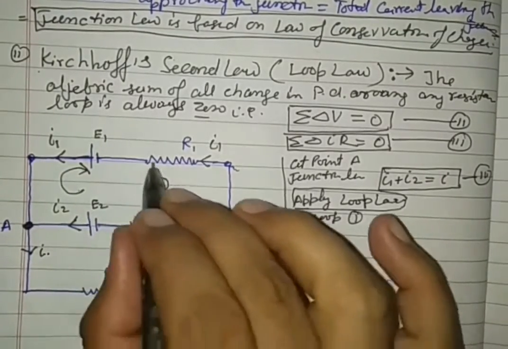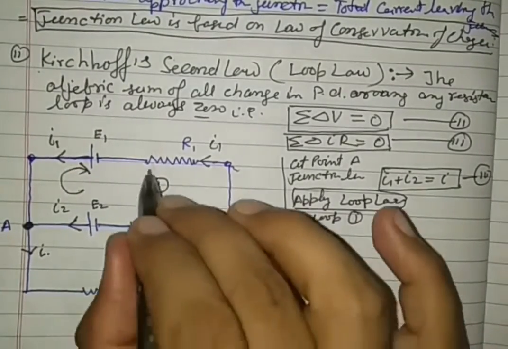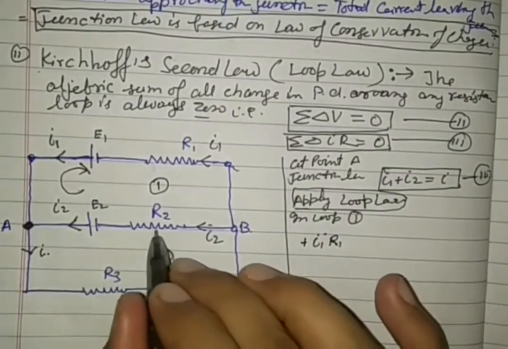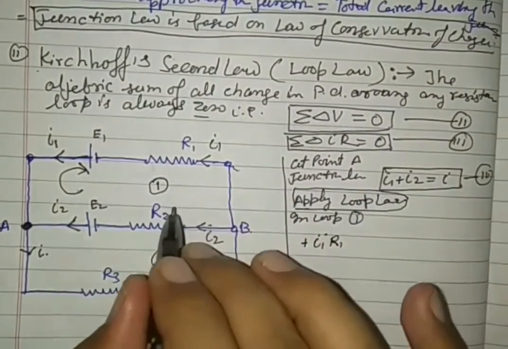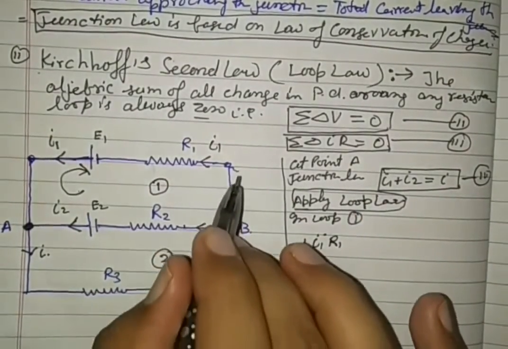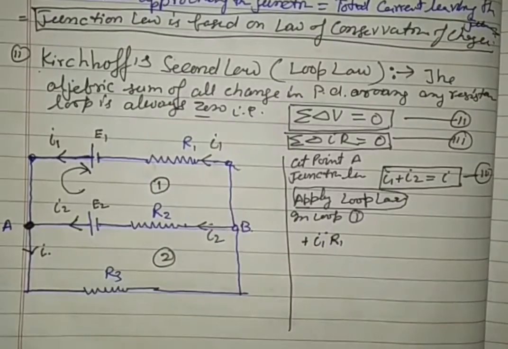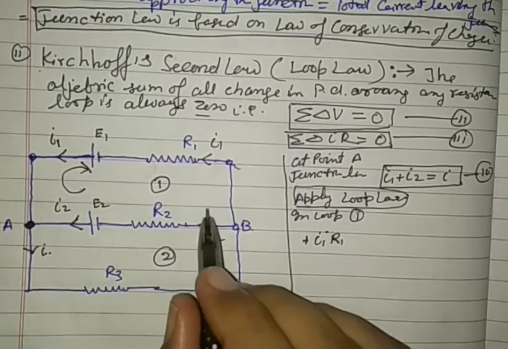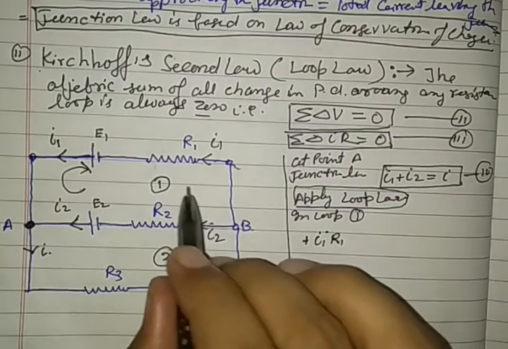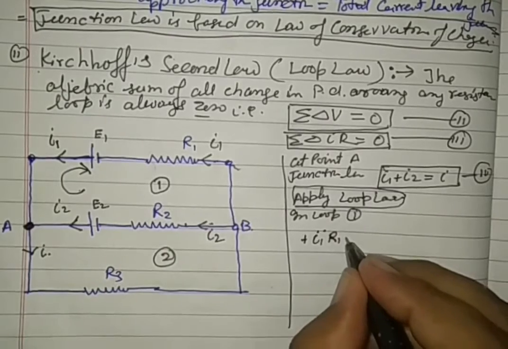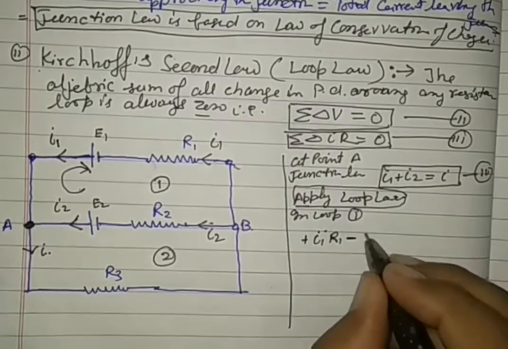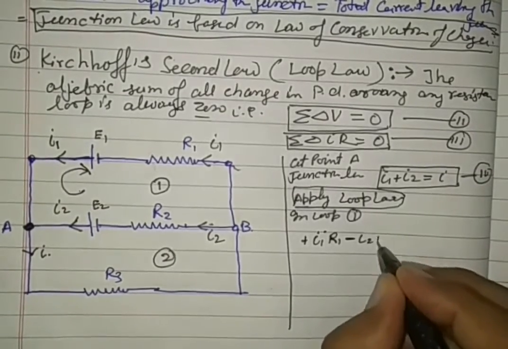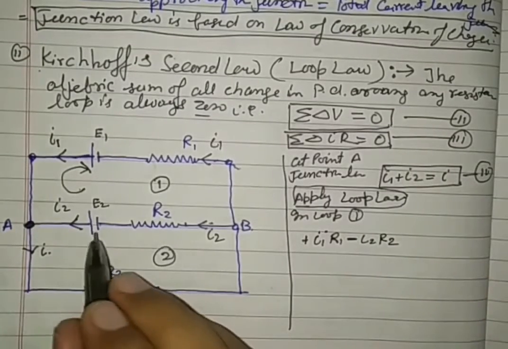Now come here. I2 current in R2 is along the sign convention. Now come here in the second. It is along the direction. If it is in the direction, then we use a negative sign: minus I2 R2.